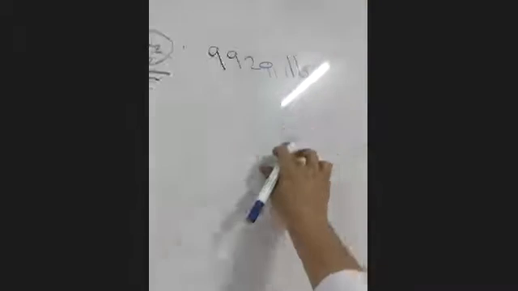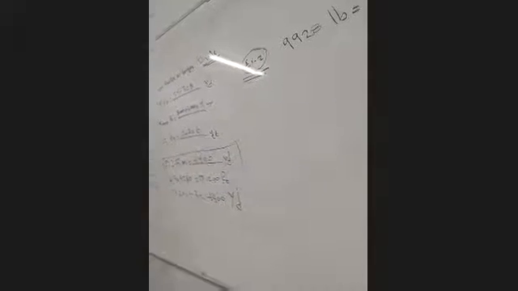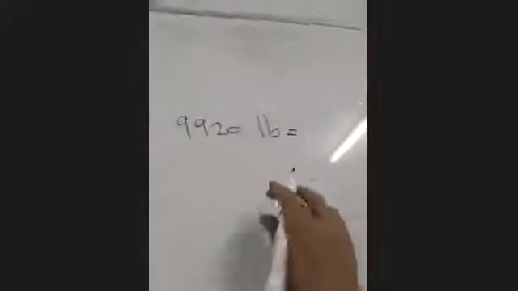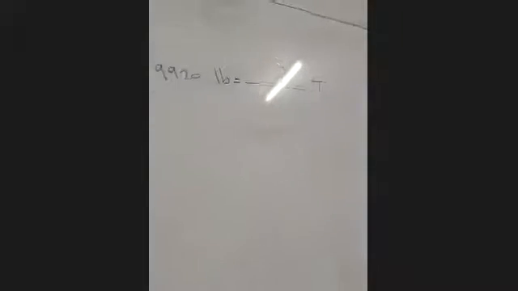Good. I have 9,920 pounds. LB means pounds. Continue. How much is the weight in tons? In tons. I want to turn the pounds to be what, guys? Tons. Right.